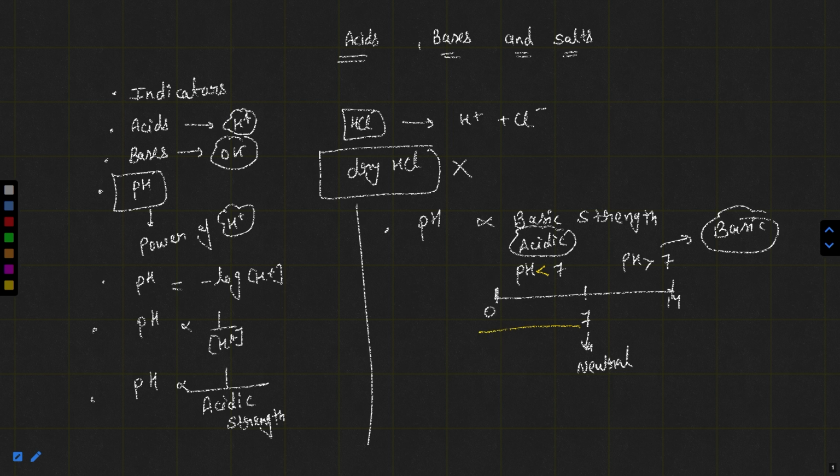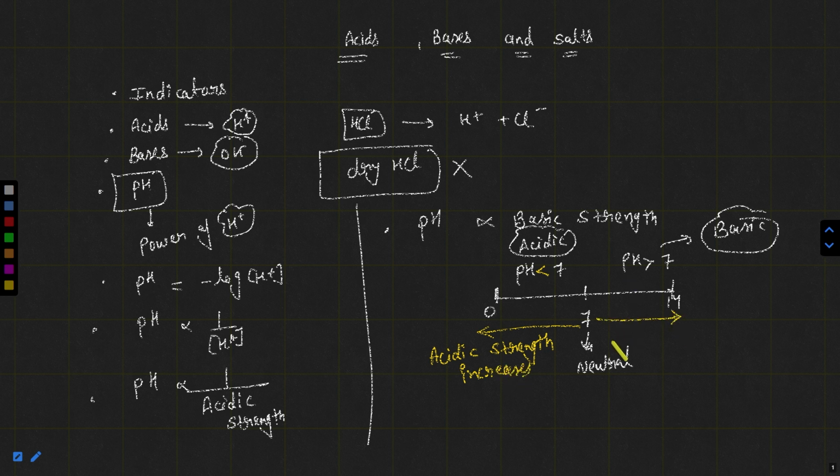If you are moving from 7 to 0, it means from the center point to the left side, pH value decreases and acidic strength increases.